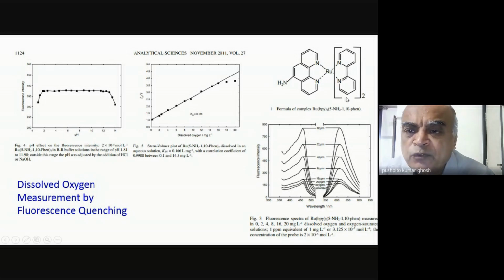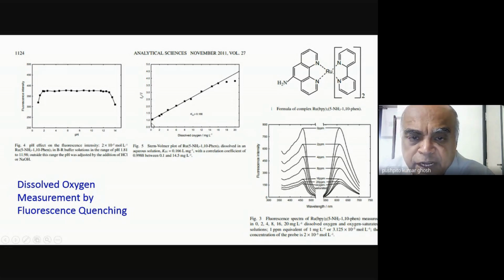There are compounds like this ruthenium compound, which is quite strongly fluorescent, but it is also known that in the presence of oxygen, the fluorescence gets quenched. So you can see as oxygen is increased, and oxygen saturated is here, the peak is much less.